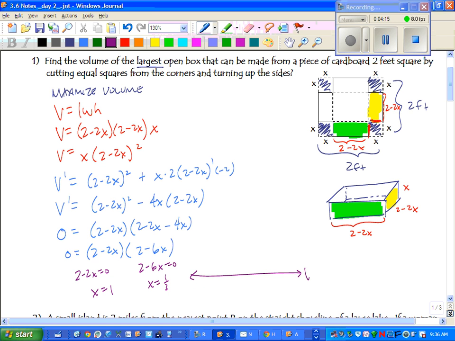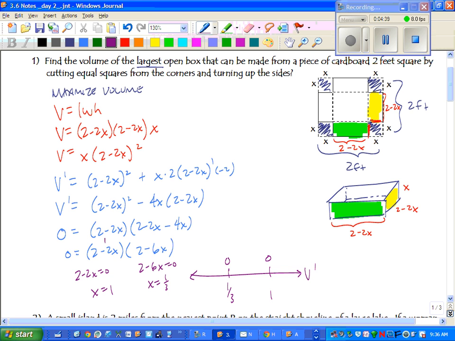So we need to figure out which one of these is our maximum. We have 1/3 and 1. The derivative is 0 at those points. If we put in something a little bit smaller than 1/3, so let's say 1/4. 2 minus 2 times 1/4, that'd be 1/2.